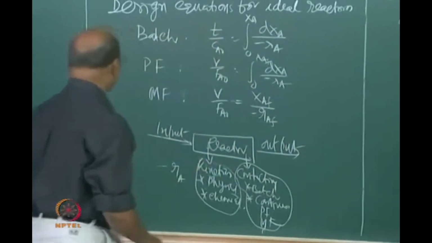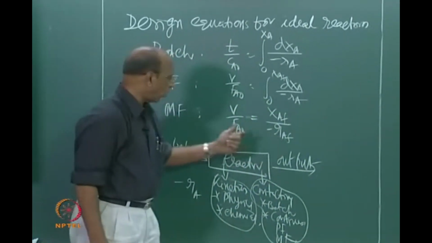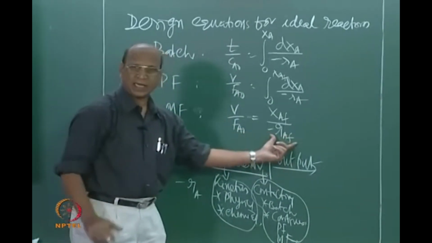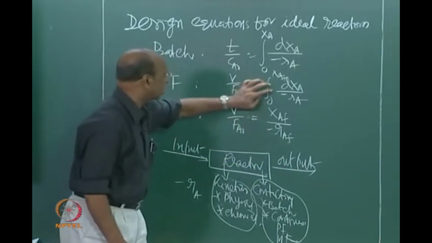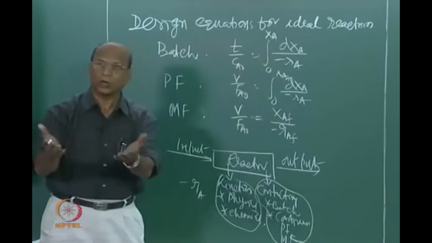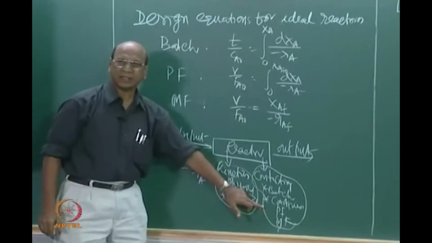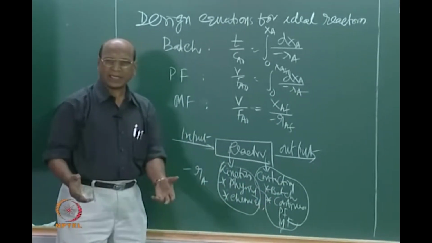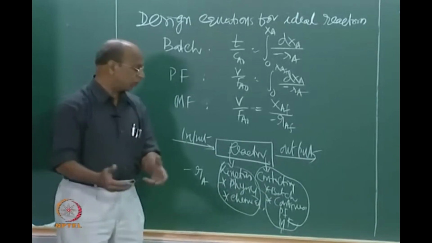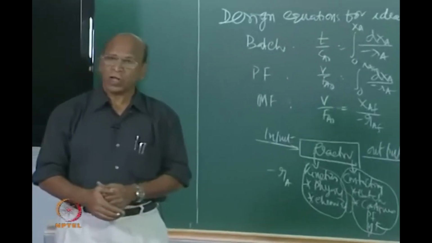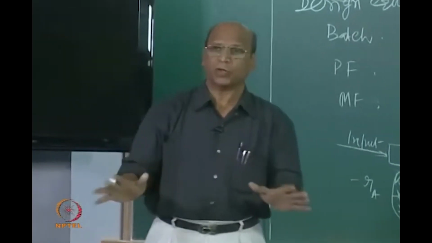So, right now what you do not know is only minus R A. You know F A naught, and you do not know minus R A. But this equation or this equation or this equation, whichever you have to use, will come from contacting. Whether you take batch reactor or continuous reactor, or in continuous reactor again PF or MF, all these things we have discussed. So, that is very clear for you now.